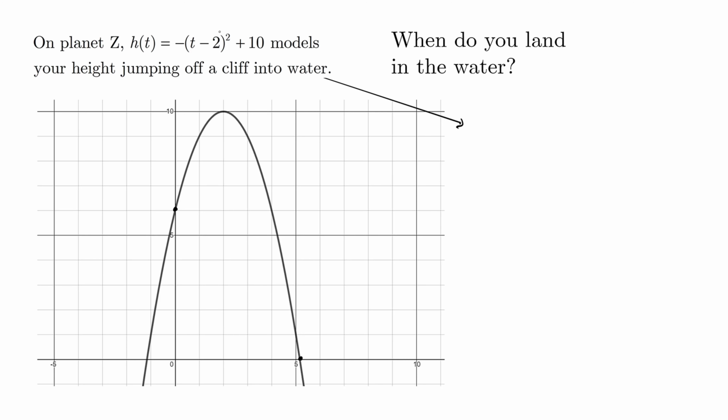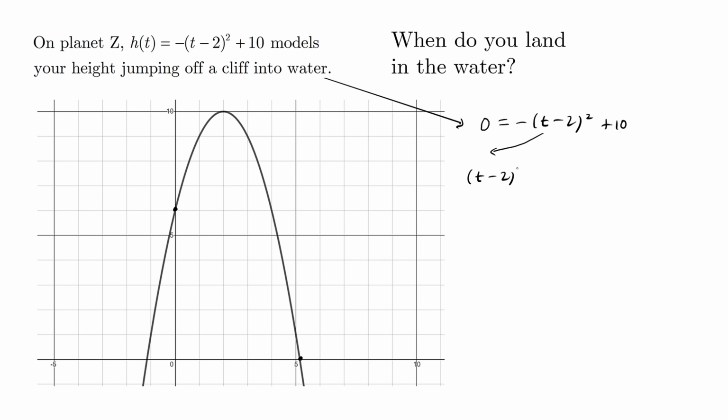So here's the original equation. And notice how when you land in the water, the y value or the h value is 0. So we're going to substitute 0 equals negative t minus 2 squared plus 10. We're going to throw this term to the left.